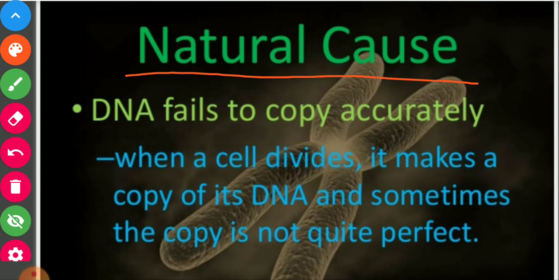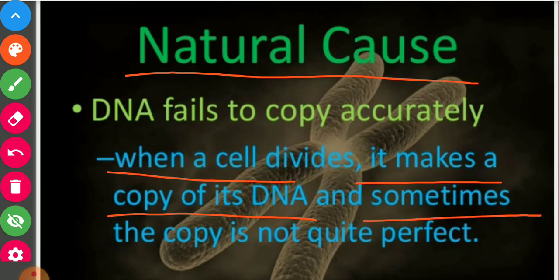When a cell divides, it makes a copy of DNA, and sometimes the copy is not quite perfect. Some errors take place and these errors cause mutation in the DNA. So DNA sequences change due to the incorrect copying of DNA.